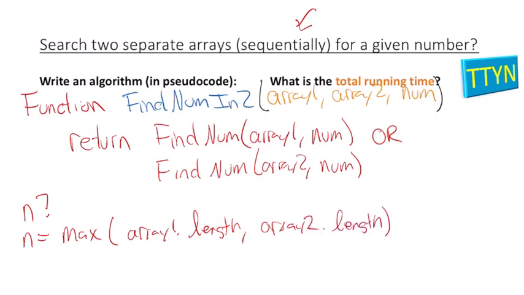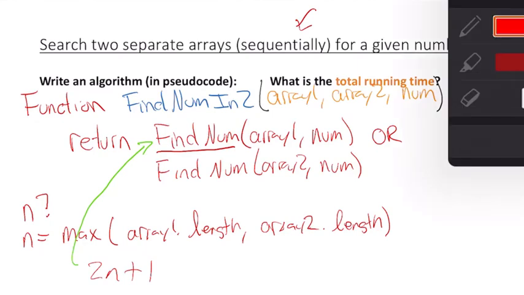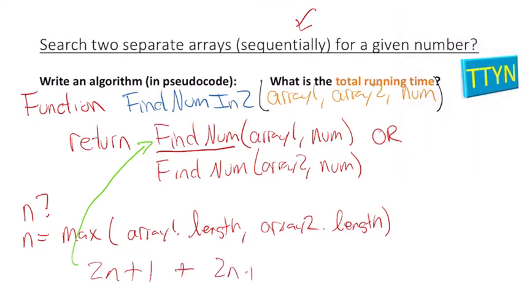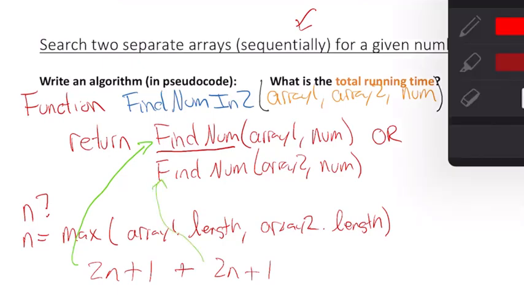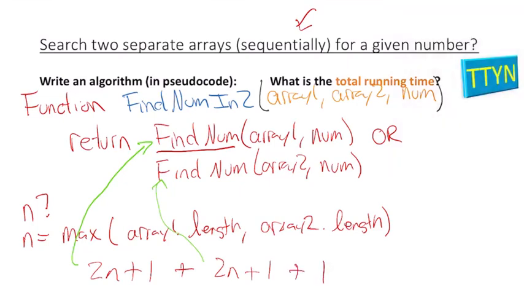Since we're using our find num function, and we already know the total running time of that function, if we say that n is just the max of these two things, well, we can say we're doing 2n plus 1 amount of work for our first call, plus 2n plus 1 amount of work for our second call, and we'll have an additional plus 1 or plus 2, depending on how you want to handle the or here and the return statement here.